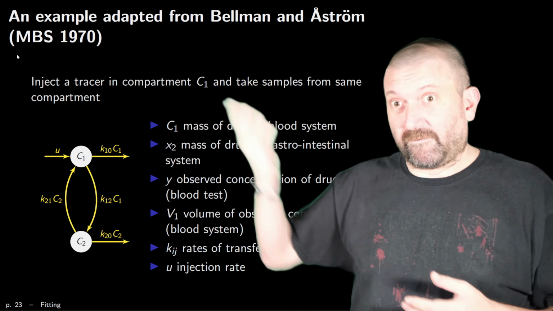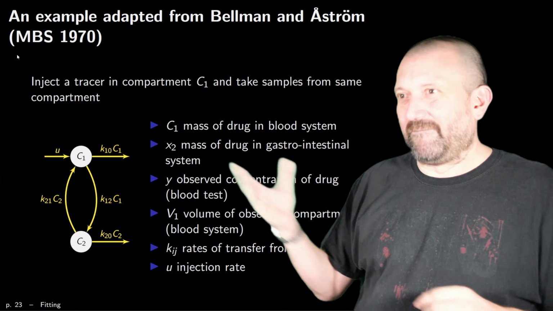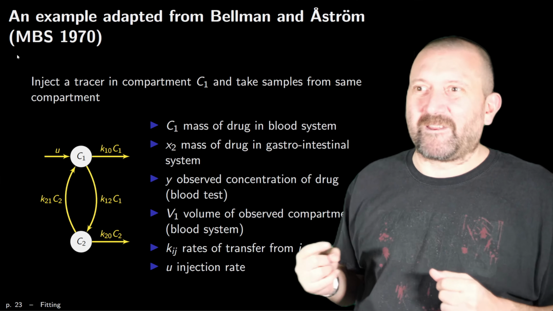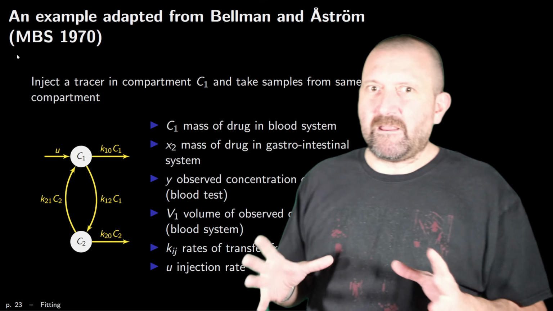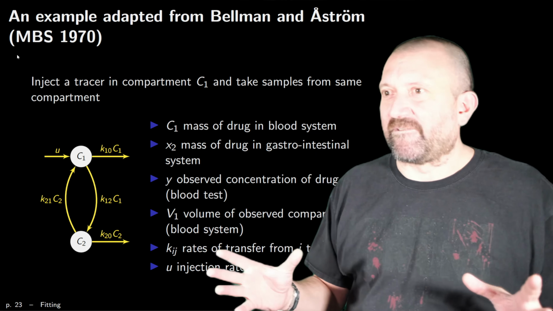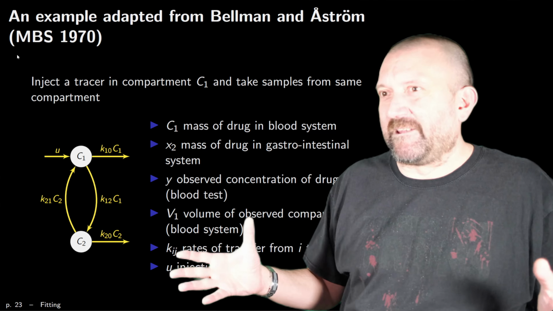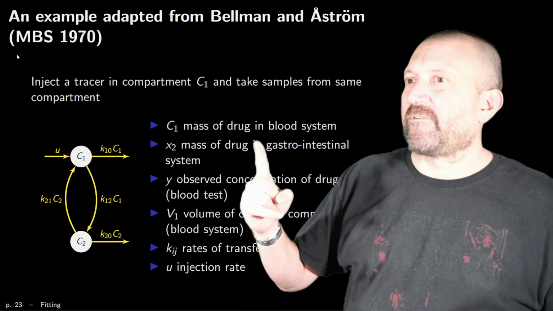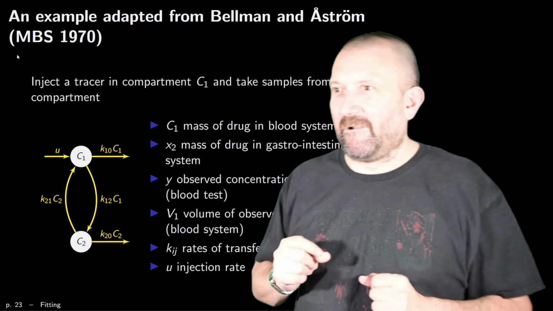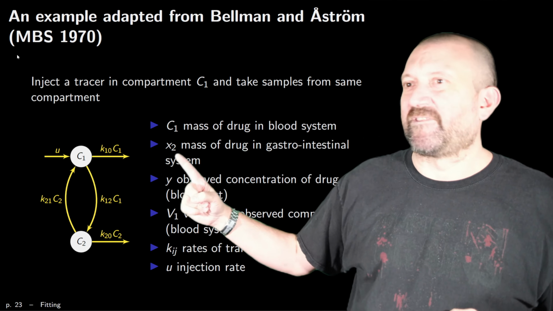So, as I said, there's this example of Bellman and Astrom that is quite telling. What you have is a system like the one there. The idea is that you're taking a tracer, some sort of medication. You inject it in someone's blood system. Oops, this is not X2, it's C2.